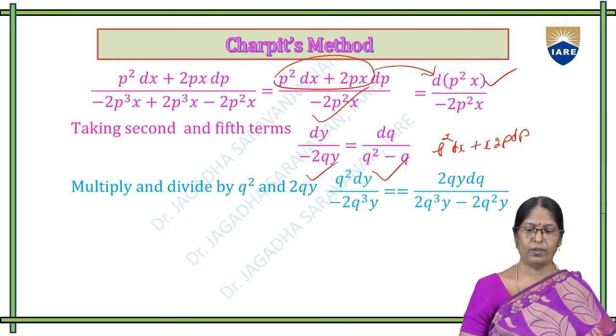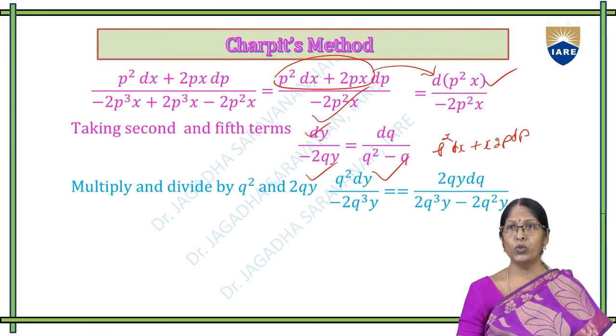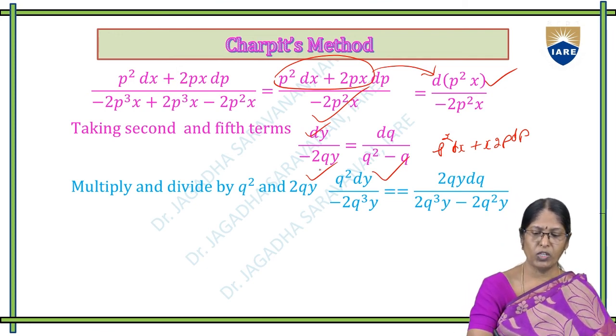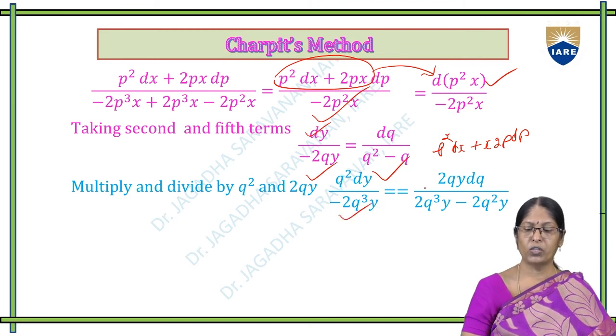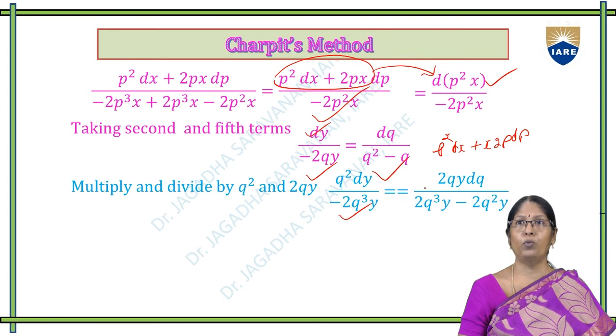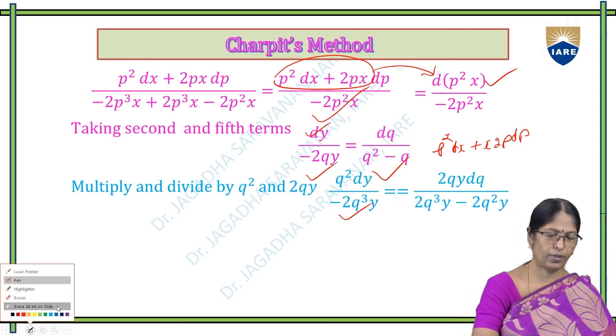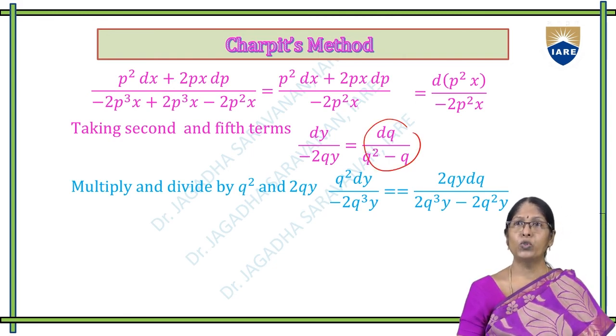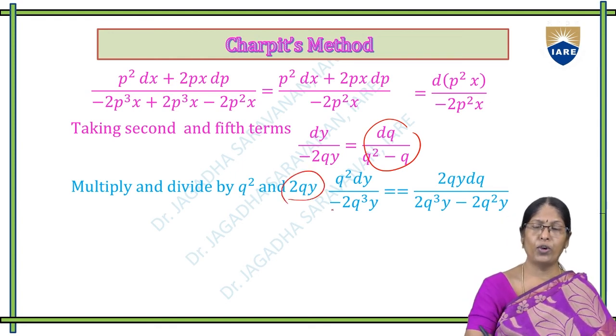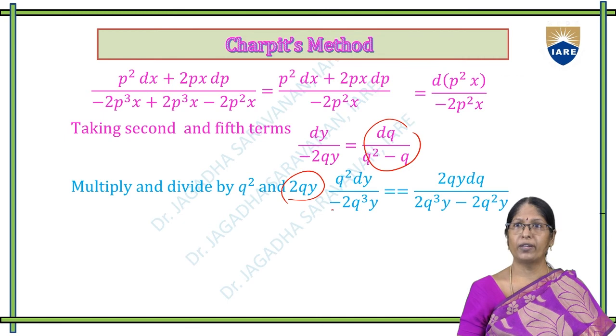So we multiplied q square into dy, q square dy, minus 2qy into q square, we got minus 2q cube y, equal to this member dq by q square minus q, that is multiplied by 2qy, numerator and denominator we have to multiply.